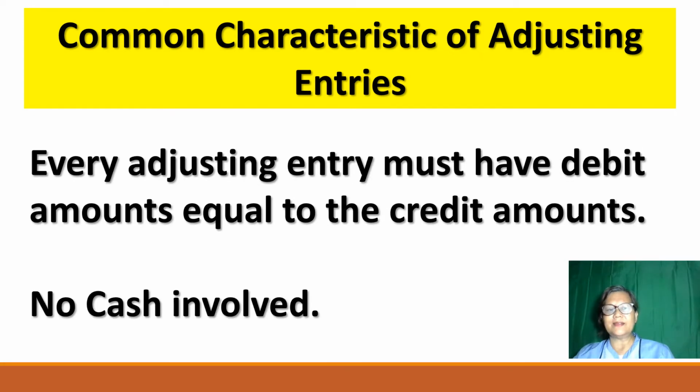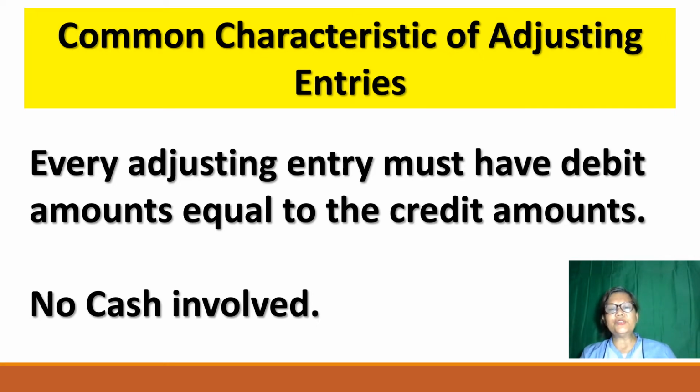What else? Yes, every adjusting entry must have debit amounts equal to credit amounts. That's why we apply the double entry system. And remember class that in adjusting entries, no cash is involved.